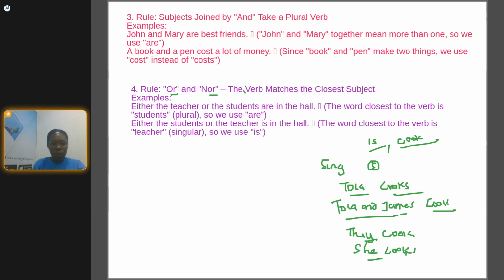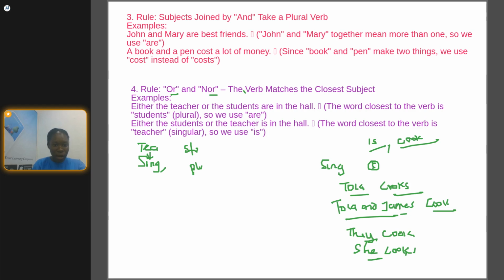Now let's move to the example. Either the teacher or the students. Now let's take it one after the other. Either the teacher. The teacher is what? The teacher is a singular subject. Student is plural subject, but they've been joined.